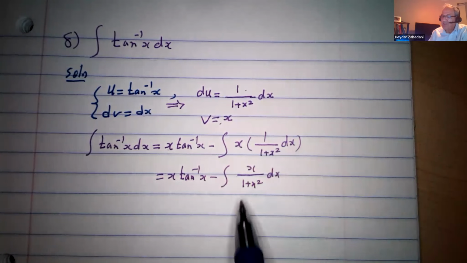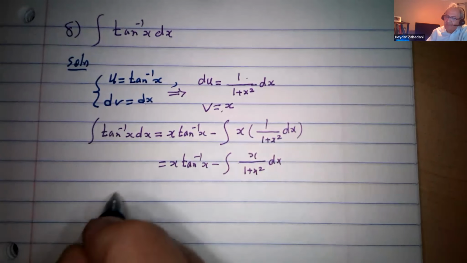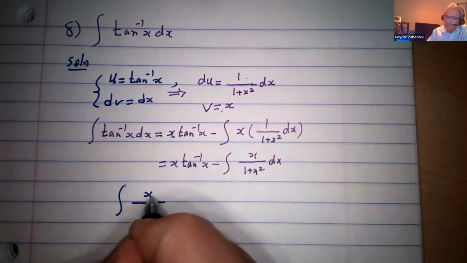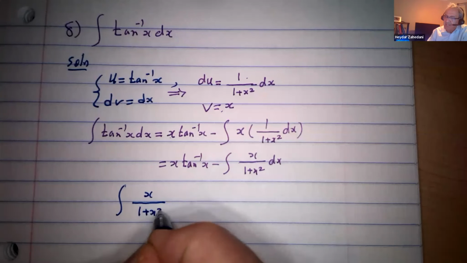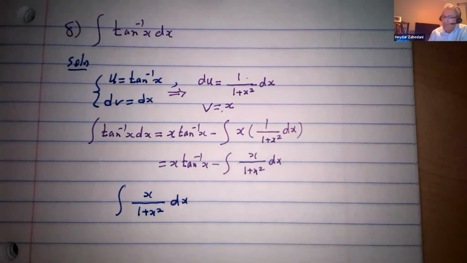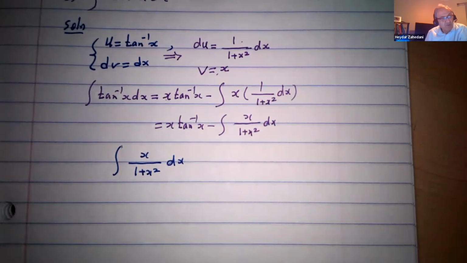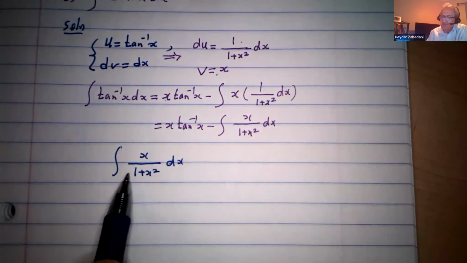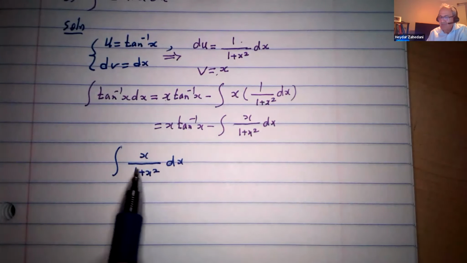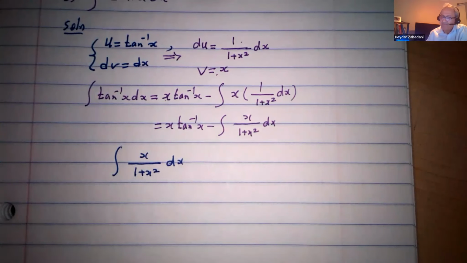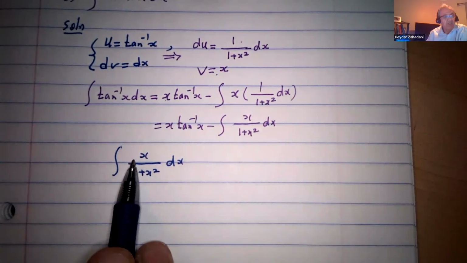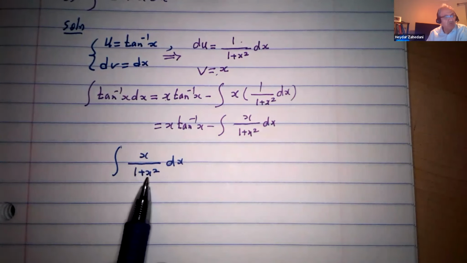The second part is easy to handle: x over 1 plus x squared dx. You have to use u substitution to get this one. You know that there is no power here, so we stay here and check the derivative on the top. The derivative of 1 plus x squared is 2x. So you can take the bottom to be u and go to u substitution, or just use the shortcut.